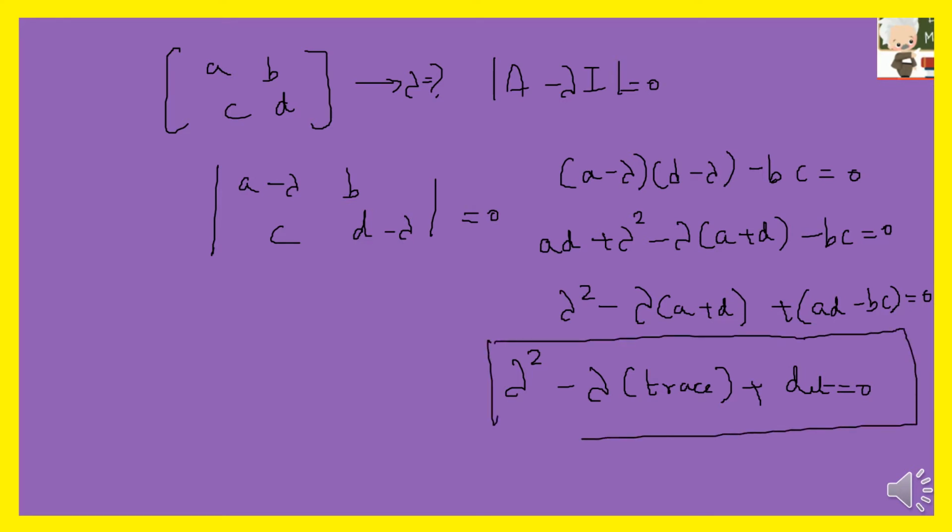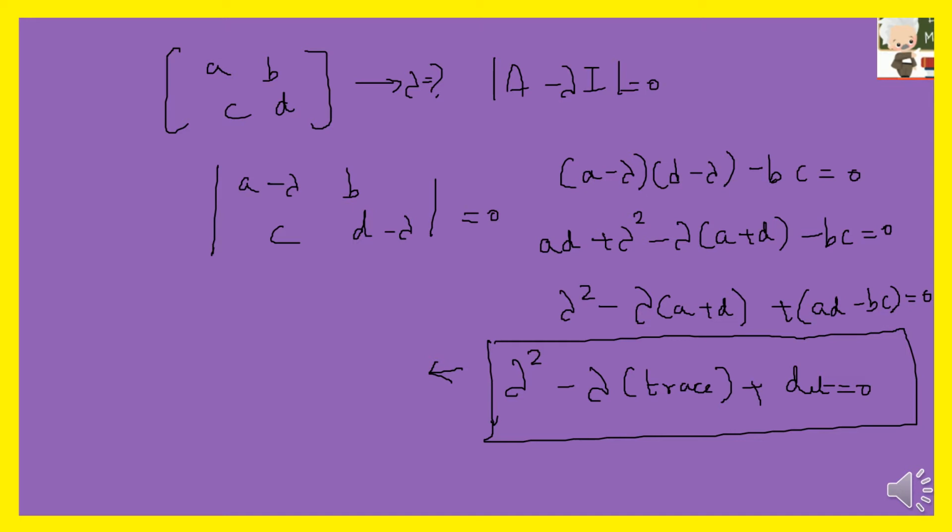What is your trace here? Trace here is A plus D. And then the determinant we can find. If you remember this equation, in just a second you will get your characteristic equation, from which you can find your eigenvalues.